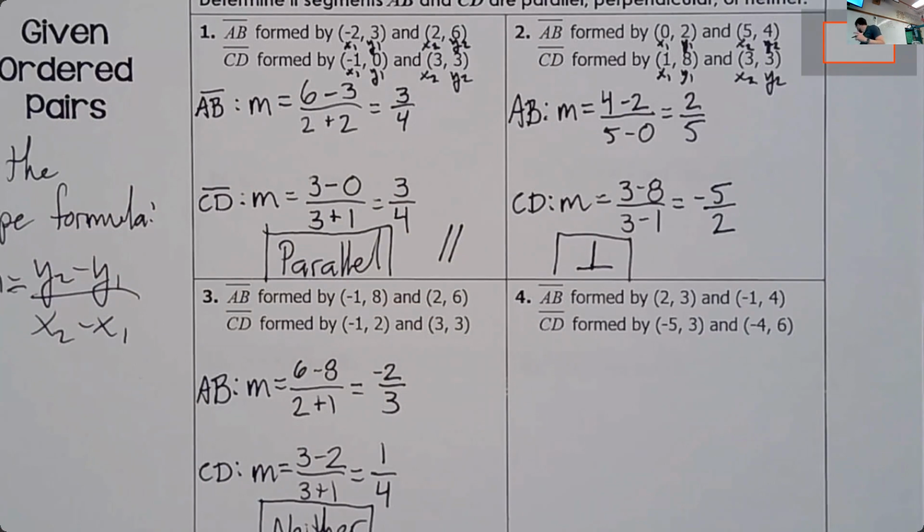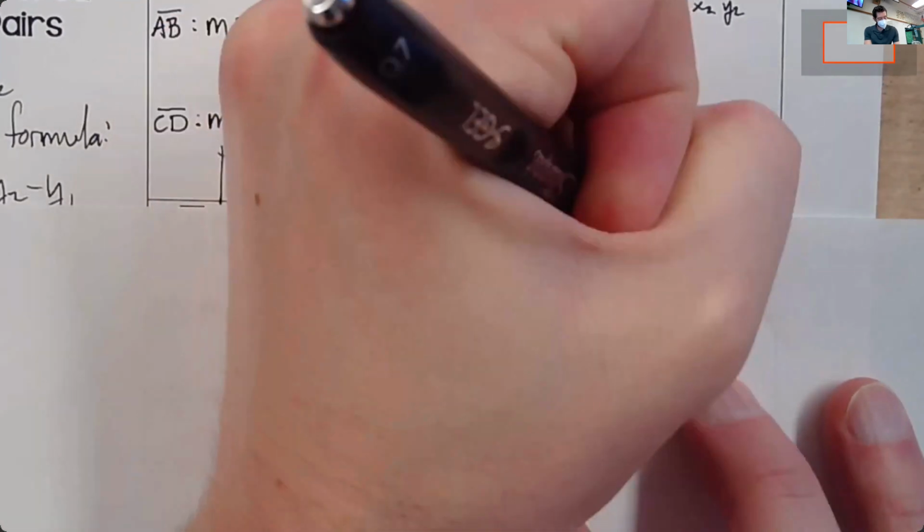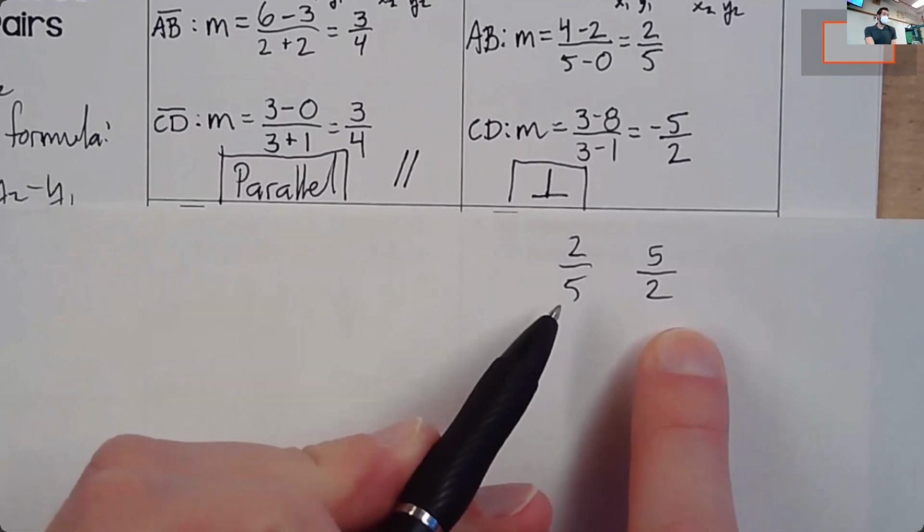Also, I do want to mention as well, you don't need to write this down, but it will be kind of an important thing to take a look at. If you have, for example, let's say 2/5 and 5/2, this is also going to be neither.